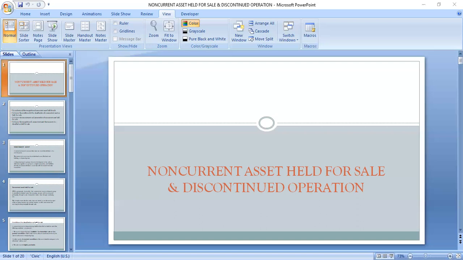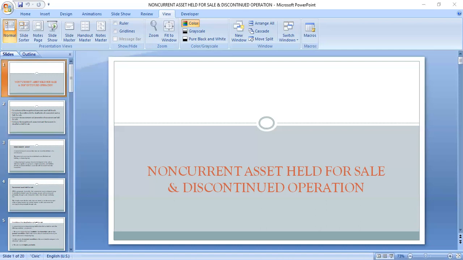If a disposal group is classified as held for sale in the current year, an entity shall not reclassify or re-present the assets and liabilities of the disposal group for the prior period to reflect the held for sale classification in the statement of financial position as of the end of the current reporting period.